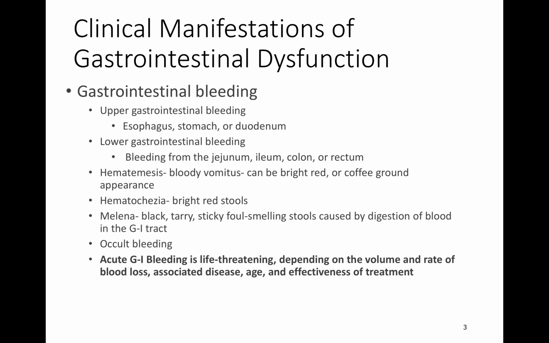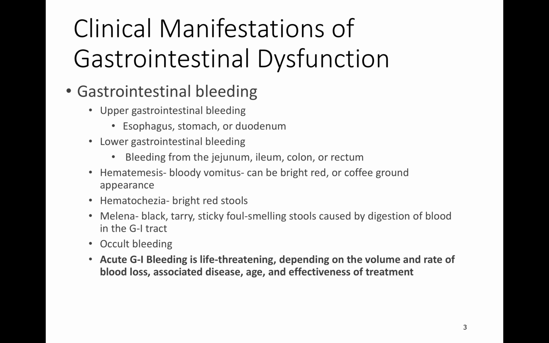And then here you have upper GI bleeding. We're talking about the esophagus, stomach, or duodenum. Lower, as I just said, is the jejunum, ileum, colon, or rectum. Hematemesis is bloody vomitus. So basically it's vomiting and there's frank blood in it, which is going to be bright red, or it can be coffee ground appearance.